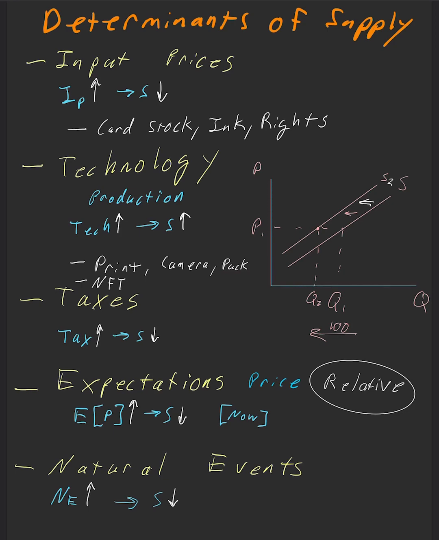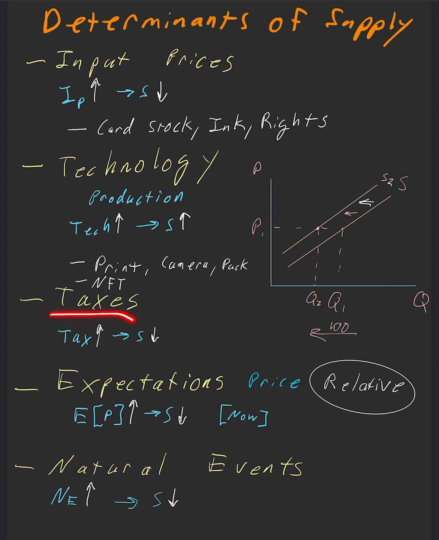Of course, in the world that we're living in today, there are really unusual types of technologies like non-fungible tokens, where we have digitized cards whose ownership is determined by blockchains. And so we can see new technologies emerging.